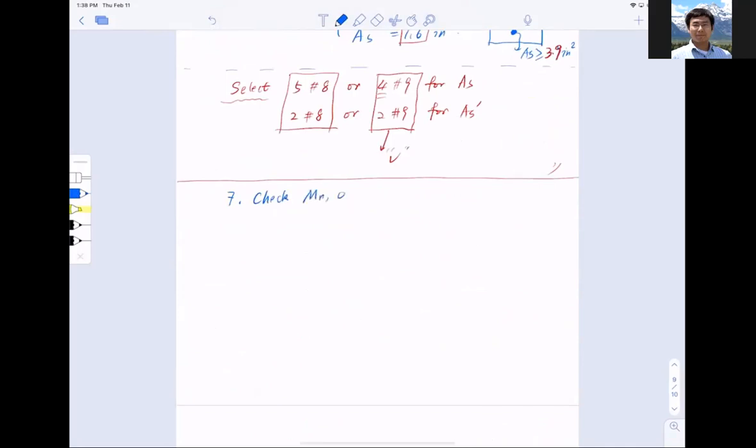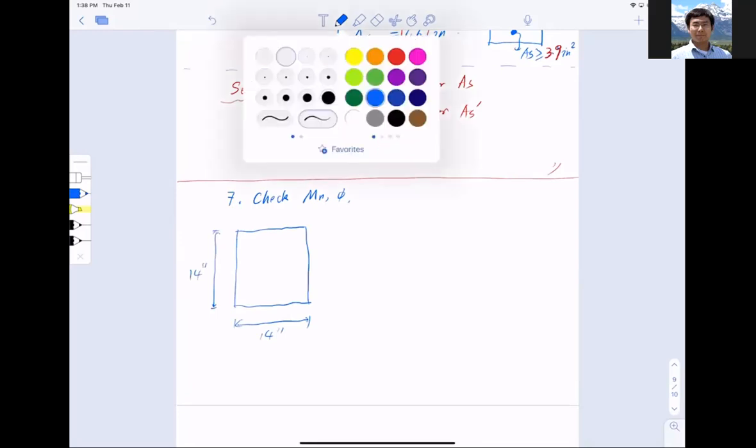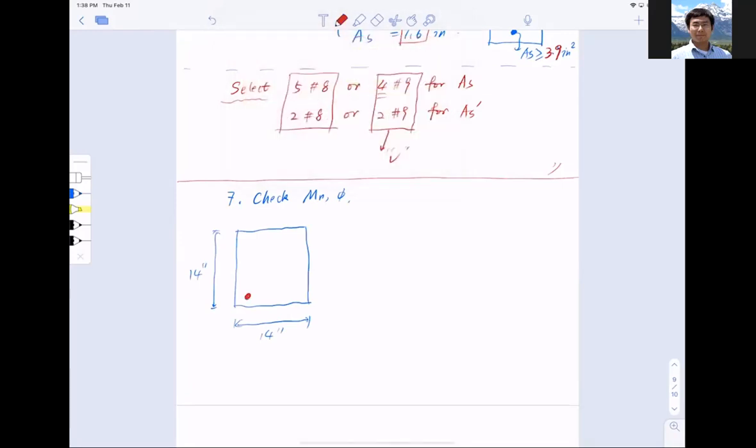MN phi again. And why is that? Because now I end up with a section that has a width of 14 inches, height of 14 inches, but with 4 number 9 bars. 1, 2, 3, 4, and you can check in table 5 to see if you can fit in or not.